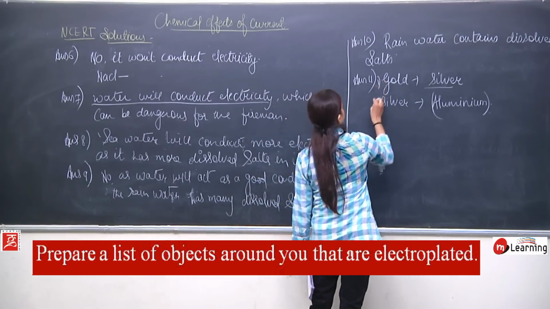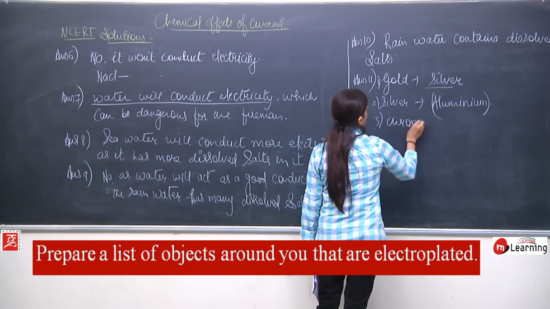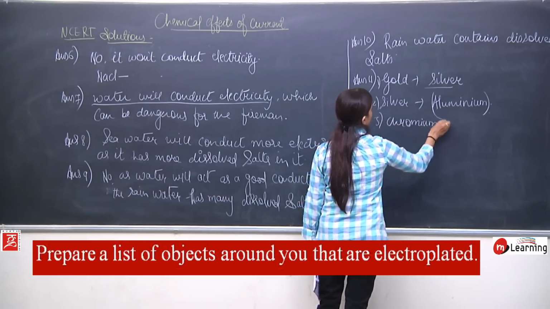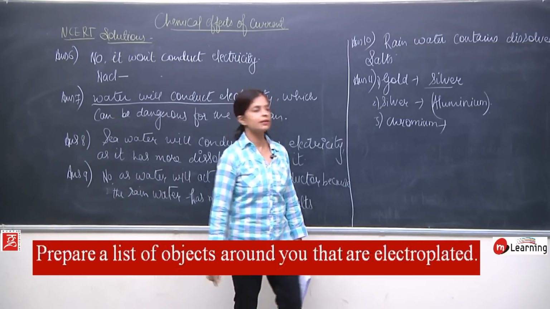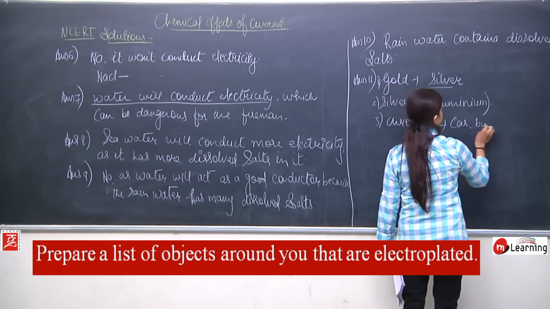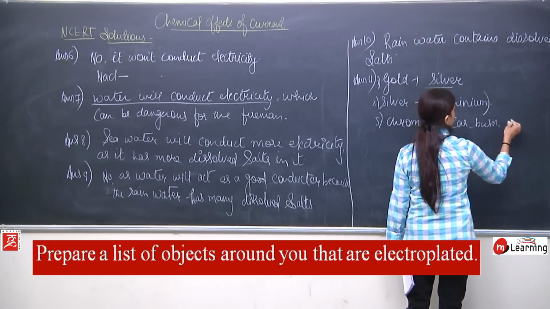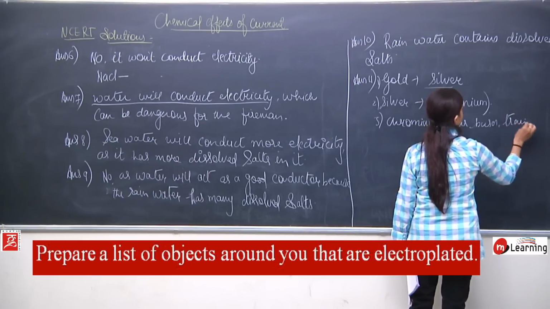Now chromium, if we talk about, chromium is electroplated on many vehicles, maybe the car, the buses, even some parts of the trains.